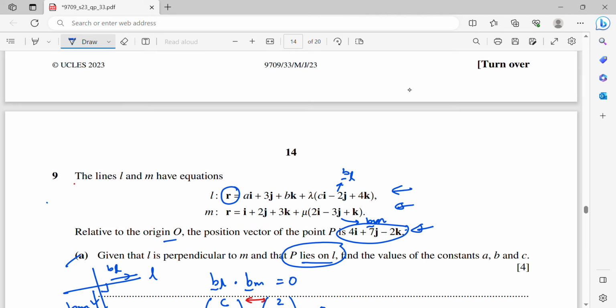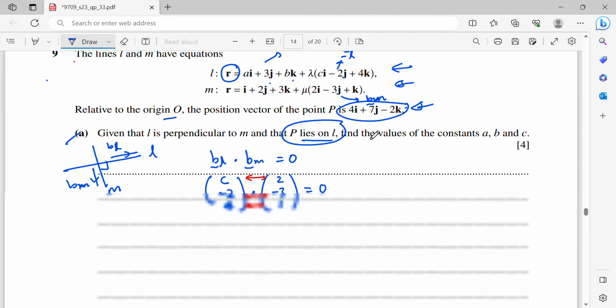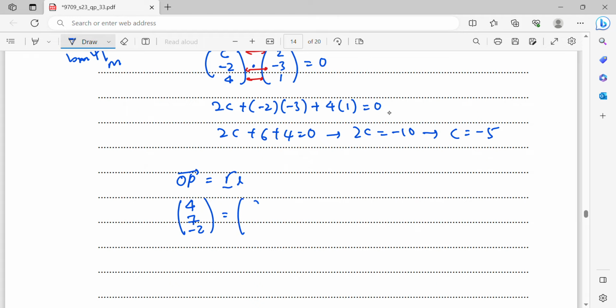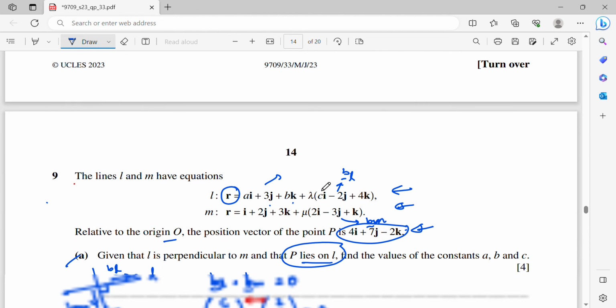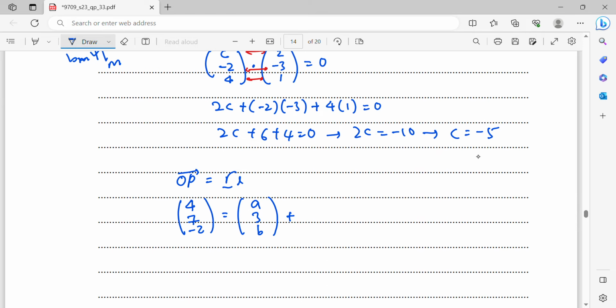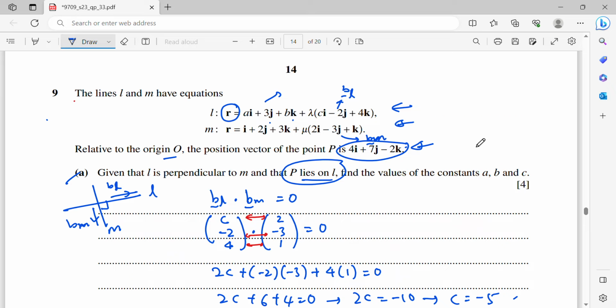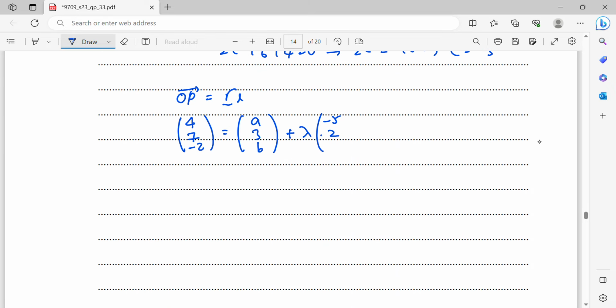My rL I will write in vertical form. So ai, 3j, bk, I will write (a, 3, b), plus lambda (c, minus 2, 4). I already found the c, so c is minus 5, so (minus 5, minus 2, 4).